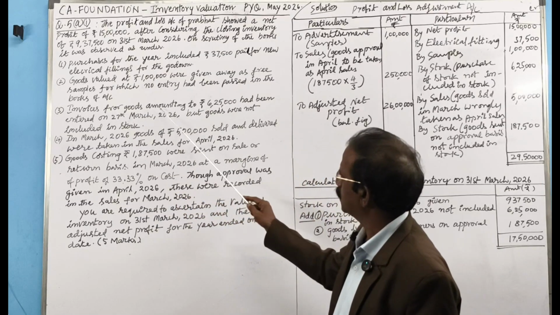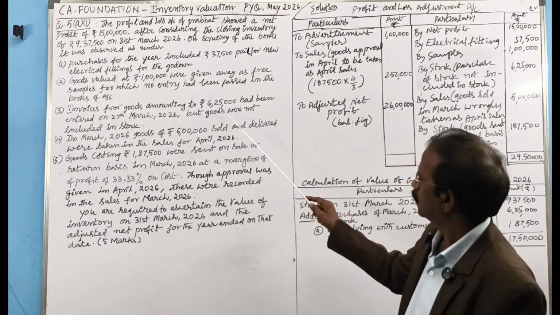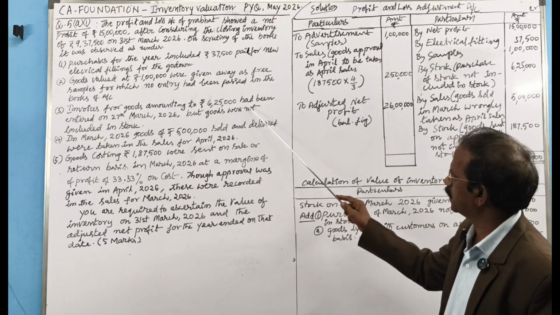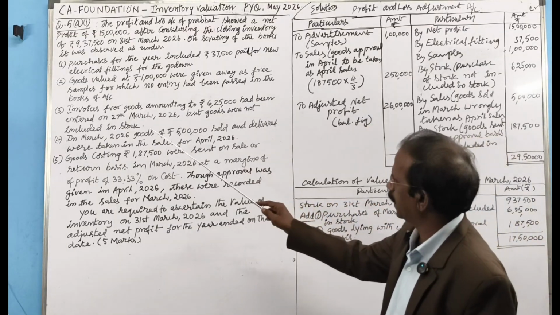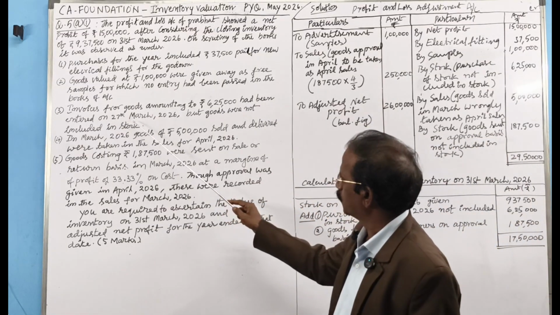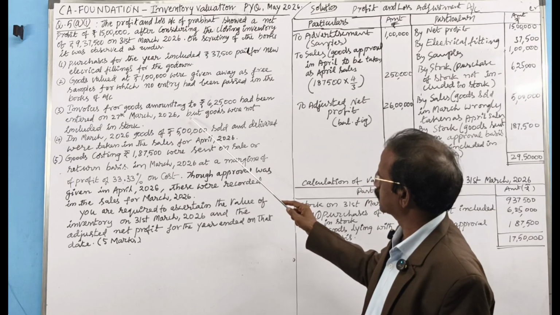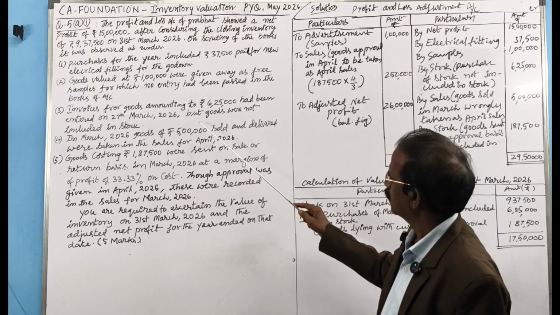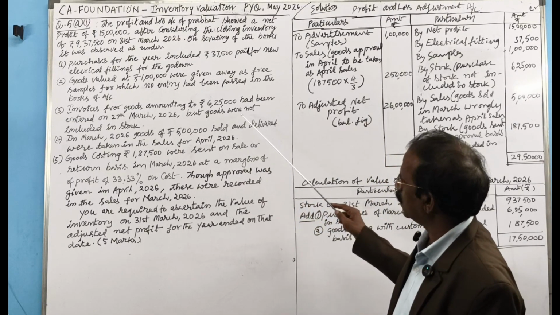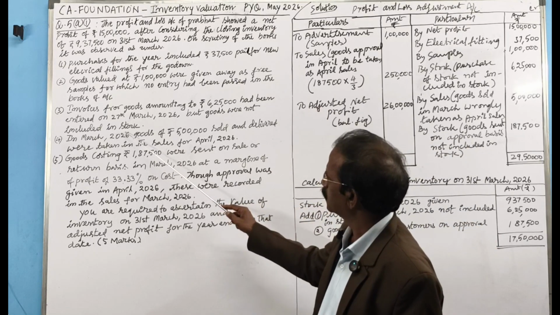Invoices for goods amounting to 6,25,000 had been entered on 27th March 2026, but goods were not included in stock.